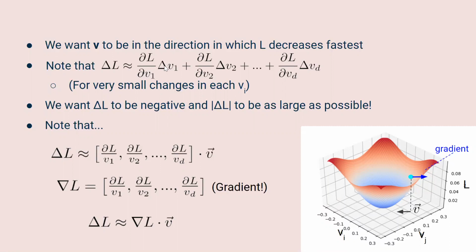As our nudge gets smaller and smaller, approaching that infinitesimally small nudge, these basically cancel out. Delta V1 becomes partial V1, that very small change. And so these effectively cancel out and you're left with just a change in loss, an infinitesimally small change in loss. That makes sense because now we're just summing these changes in loss with respect to each of the parameters to get the total loss that's changed.